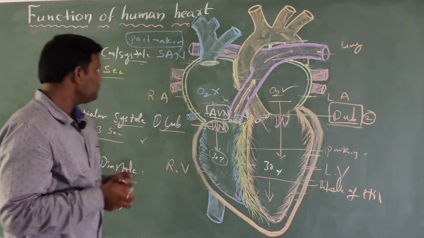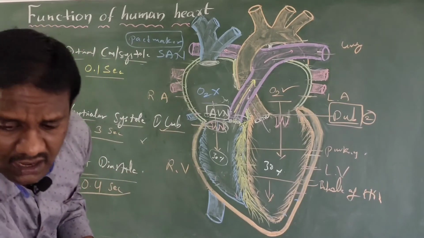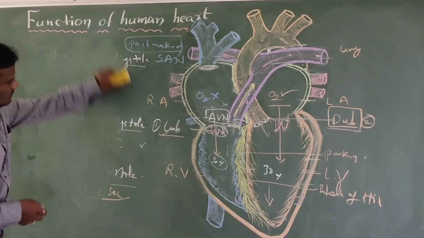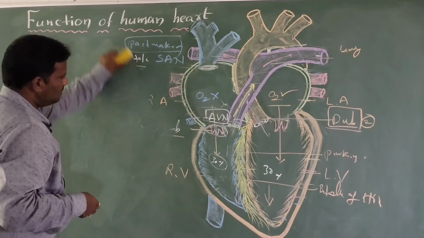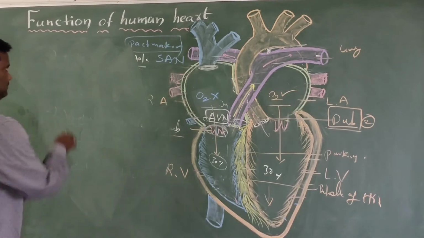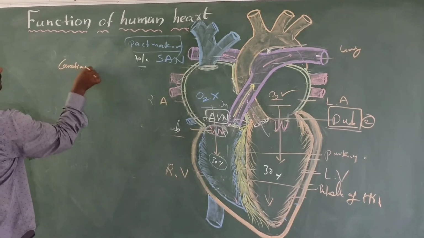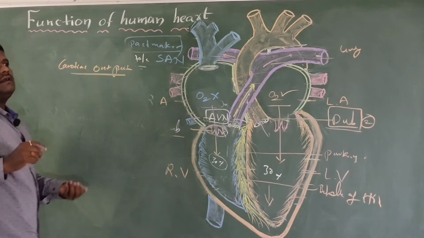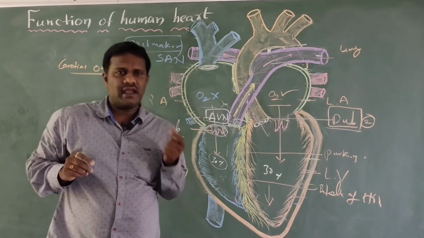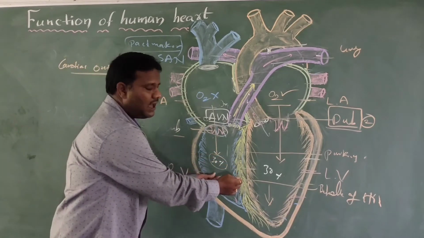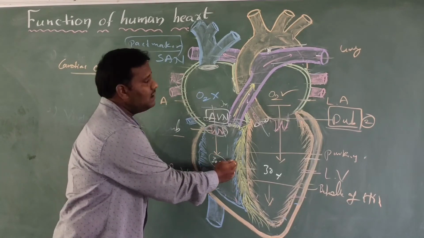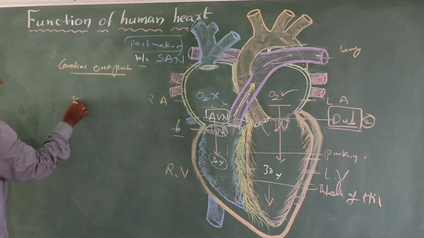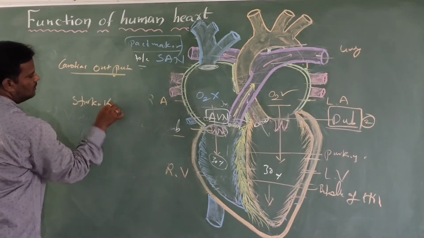And next one is the cardiac output. In each and every heartbeat, how much blood is passed away from the ventricle is called the stroke volume.